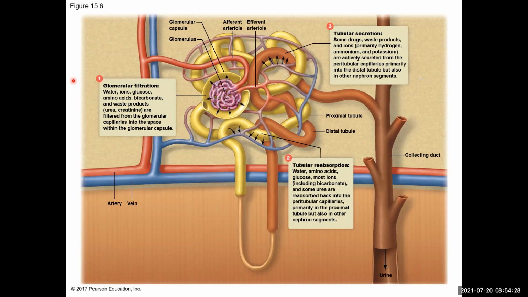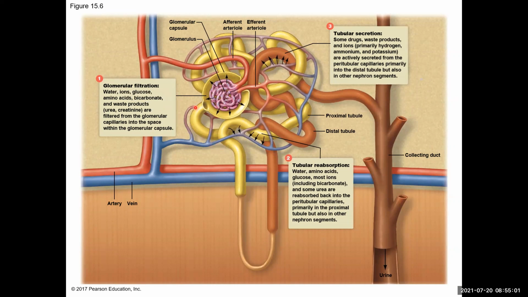Okay, so when the blood is brought in from the renal artery, it enters the afferent arteriole and moves into the capillary bed known as the glomerulus, which is in that glomerular capsule. Now the filtrate is pushed through those capillaries into the glomerulus and is then transferred through the proximal tubule, the loop of Henle, the distal tubule, and into the collecting duct.